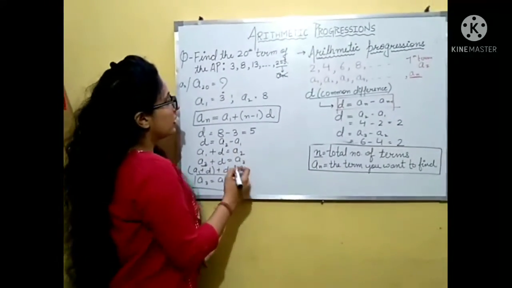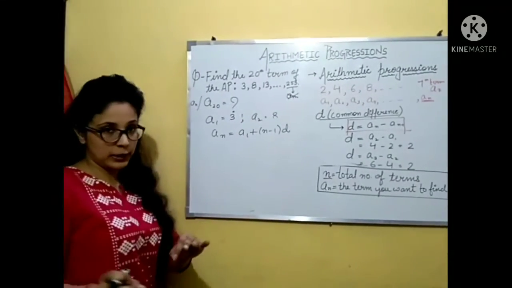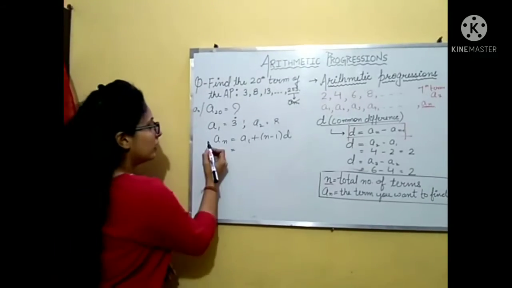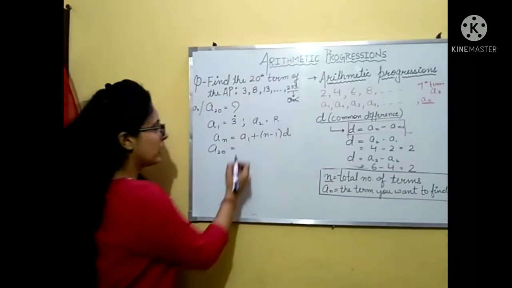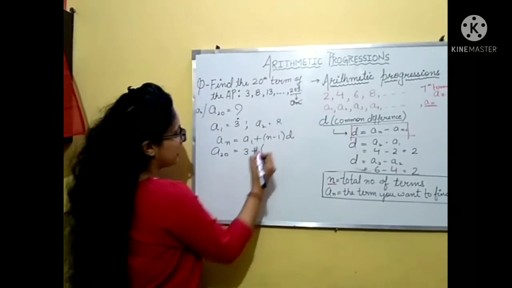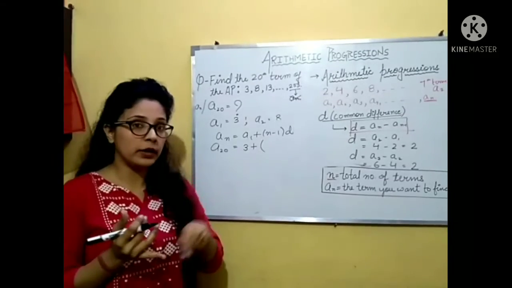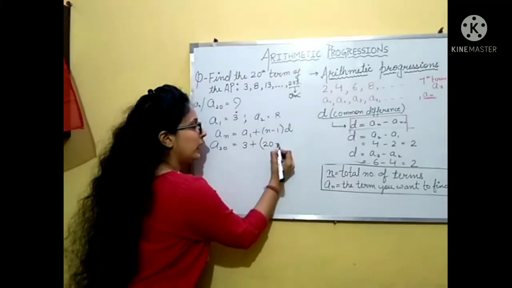Now let us solve this question. So now we will put the values in this formula. We want to find out the 20th term. So A1 is 3 here, plus n minus 1. What is n here? Actually you want to find out your 20th term, so you will take n as 20 here: 20 minus 1.